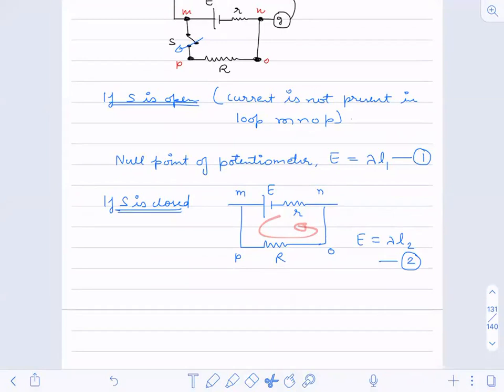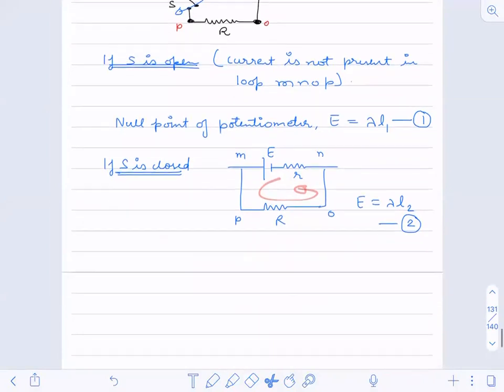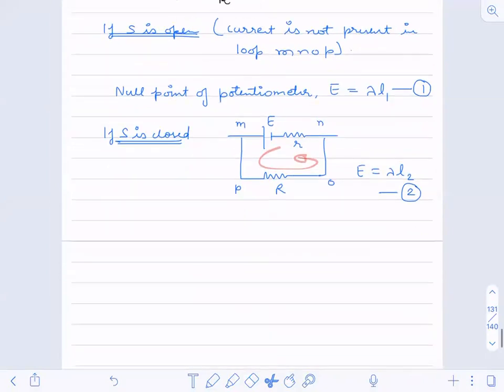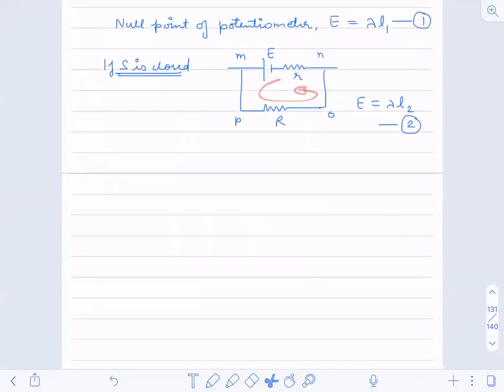Using KVL, the current flowing in MNOP, I value I will be writing as E divided by R plus capital R. This is my third equation.